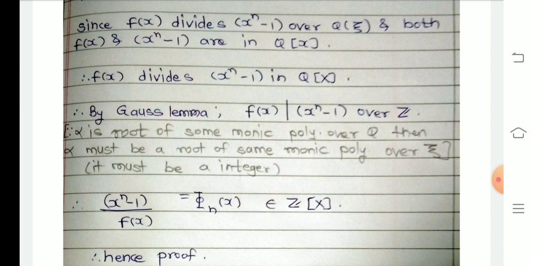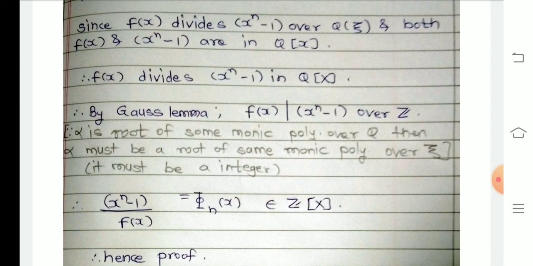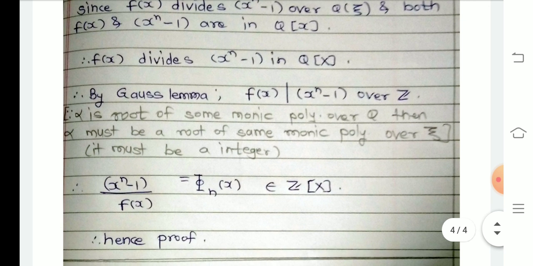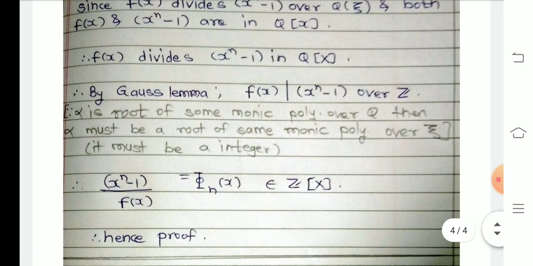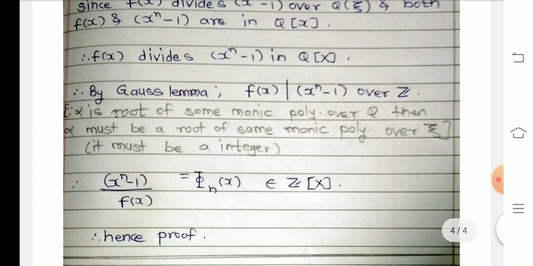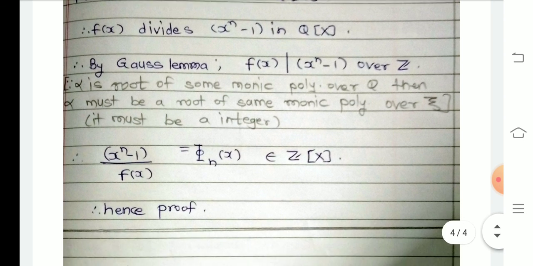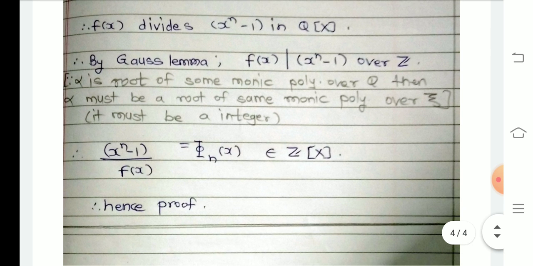Therefore, alpha is a root of some monic polynomial over Q. Then alpha must be a root of some monic polynomial over Z, so it must be an integer. Then this implies that Φ_n(x) equals x^n − 1 divided by f(x), which belongs to Z[x].